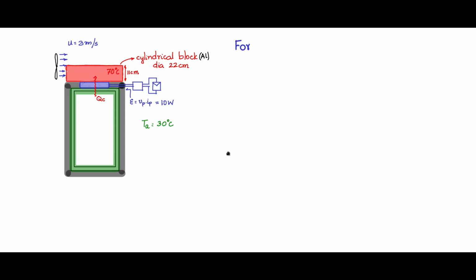So this is the forced convection problem, and let us again consider heat flow from the top and heat flow from the side, because the heat can flow only from the top and the sides of the cylindrical block. All other regions and spaces are enclosed within thermocole.